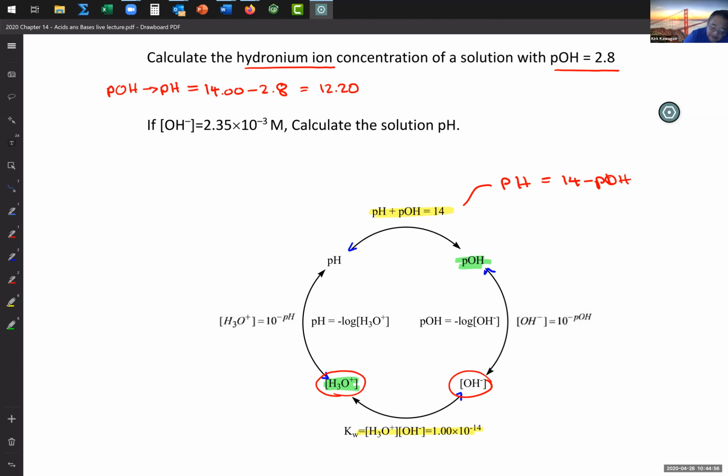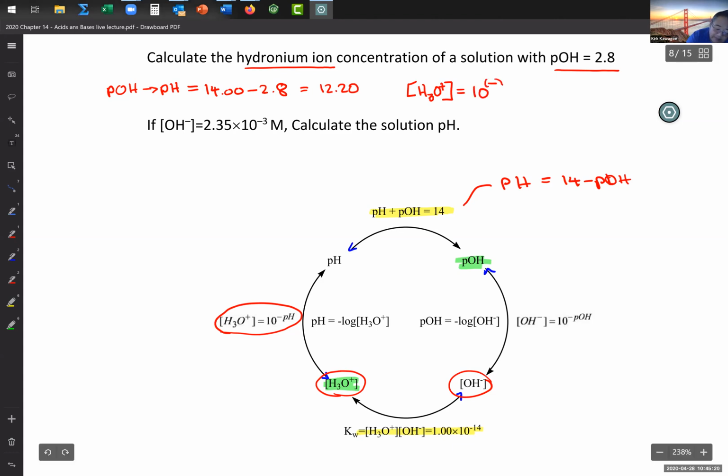Then the next thing to do is to go from pH to hydronium, and that's the anti-log. When I'm looking for hydronium, I'll use that equation. So I'll say hydronium concentration is going to be 10 raised to the negative, and I plug in this number, 12.20.